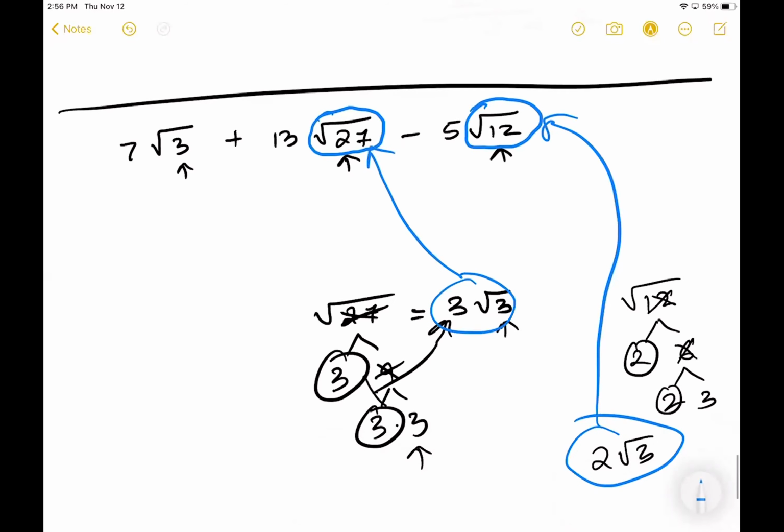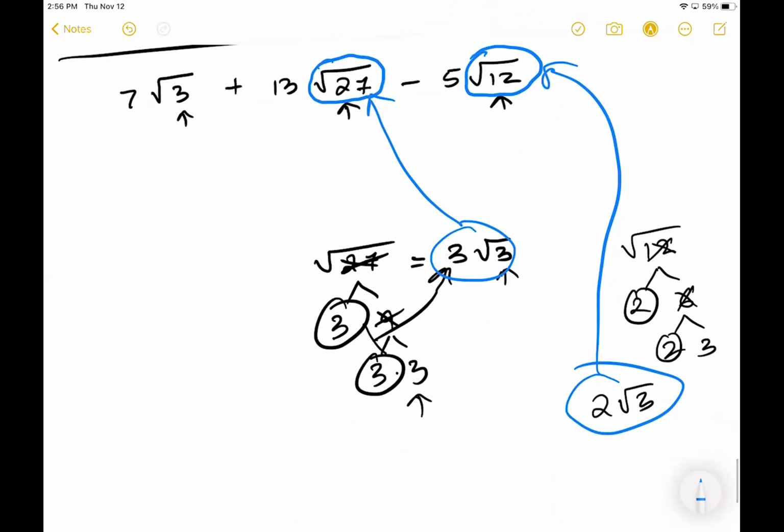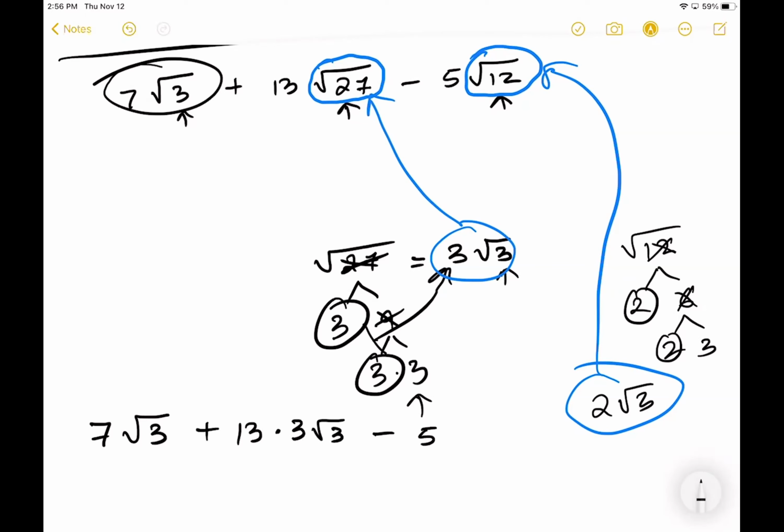So if I substitute in, my new problem will be 7 square root of 3, because there's nothing to change here, I just bring that down, plus 13 times, instead of square root of 27, 3 square root of 3, minus 5 times 2 square root of 3.